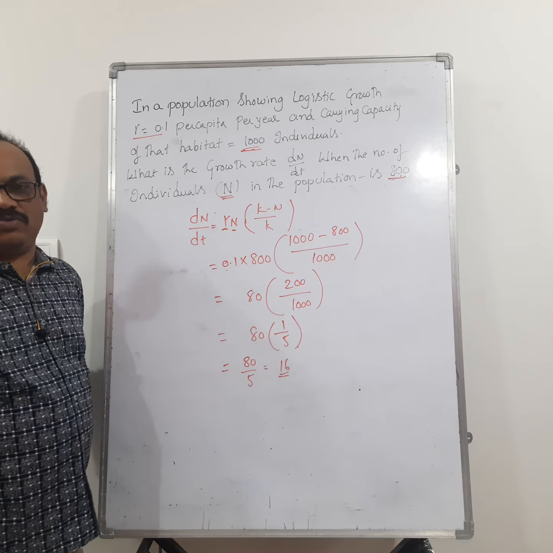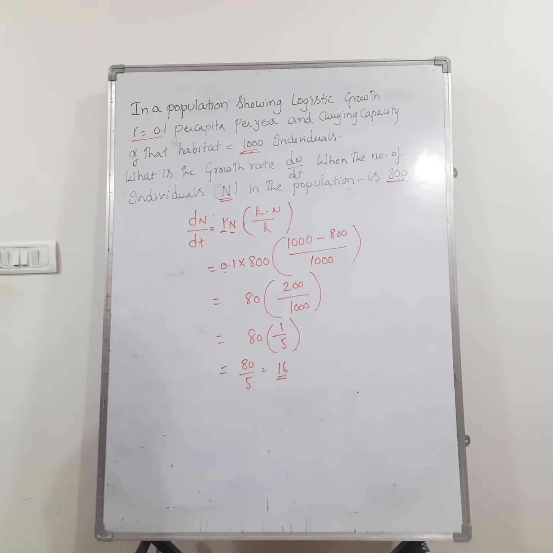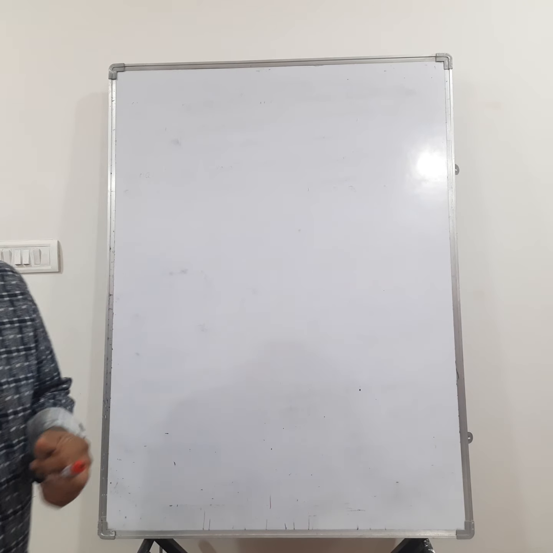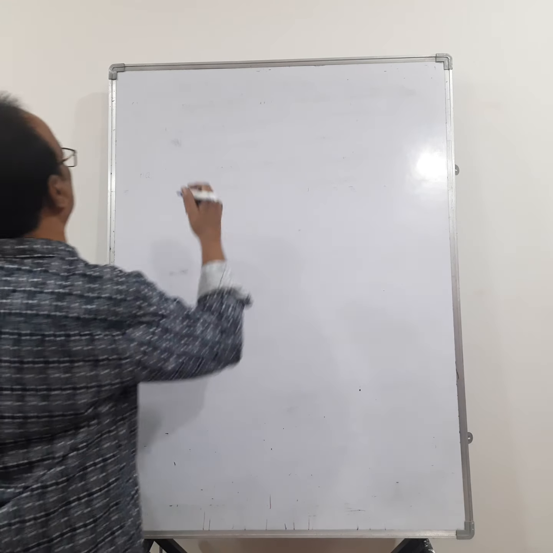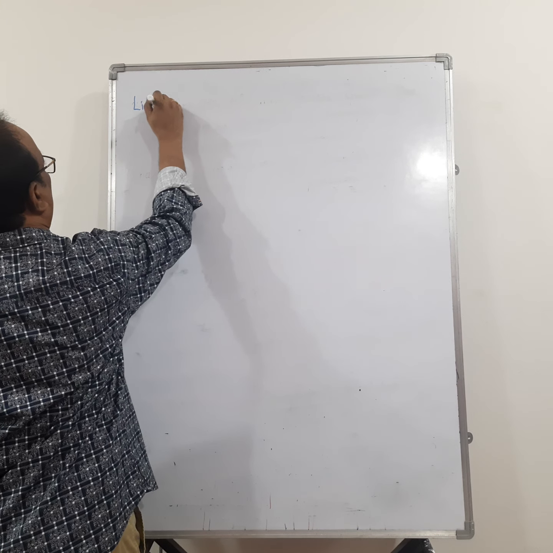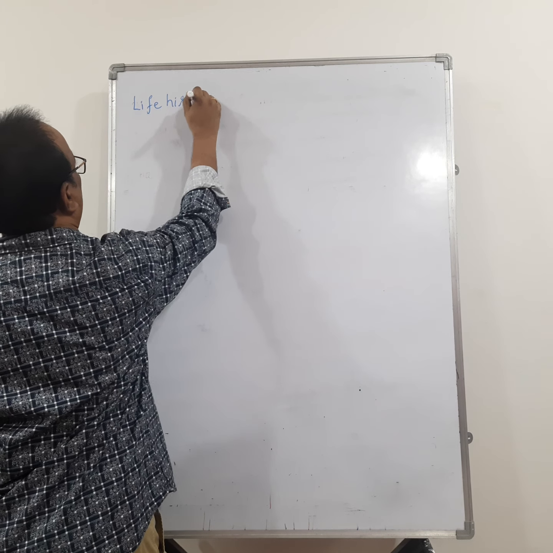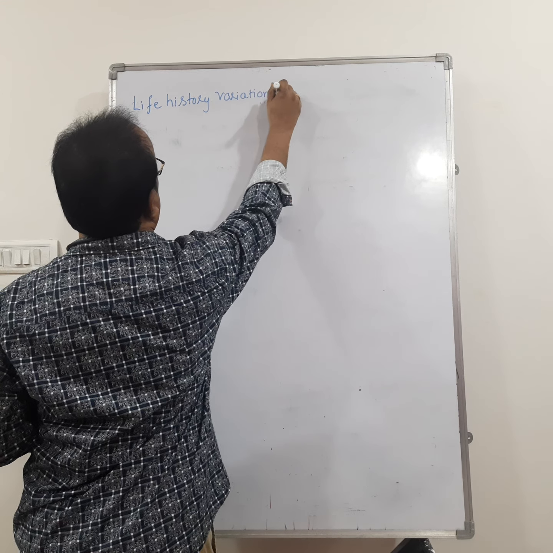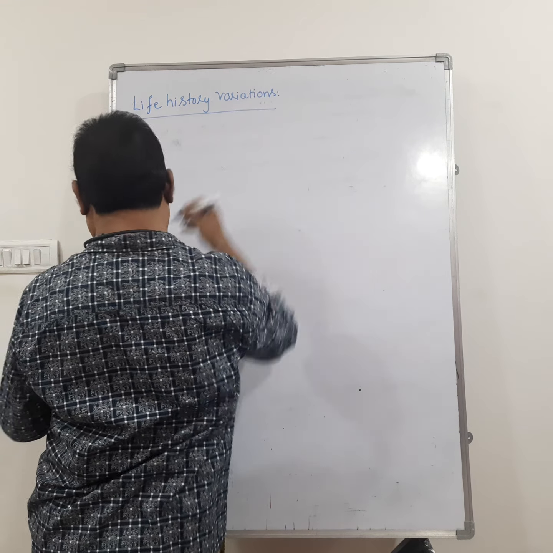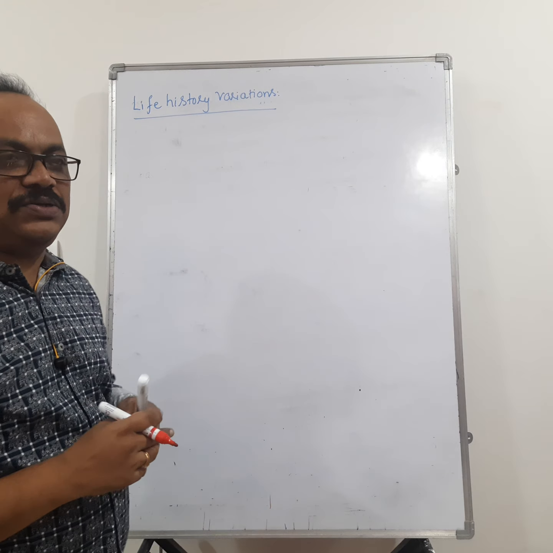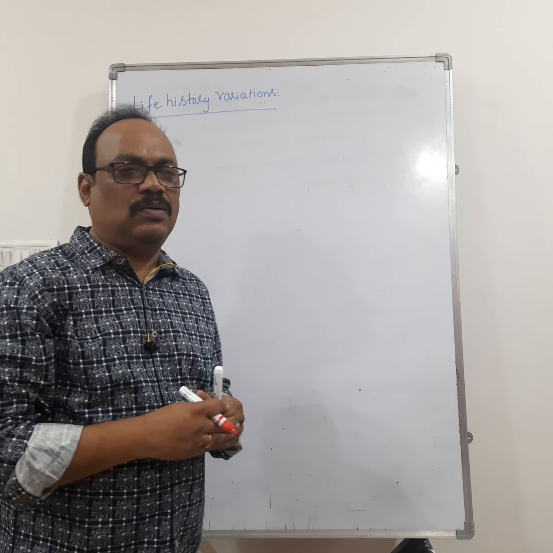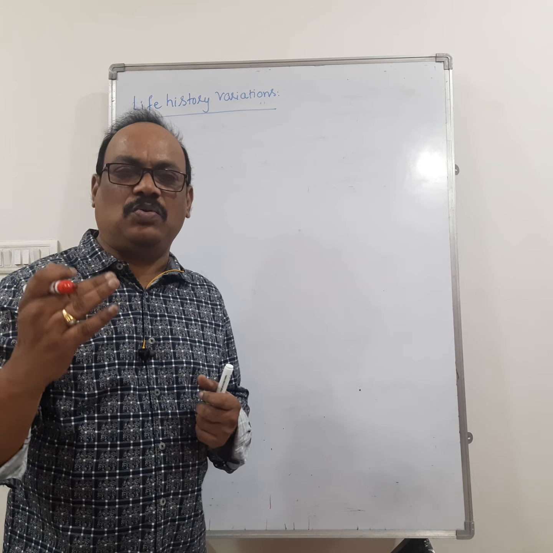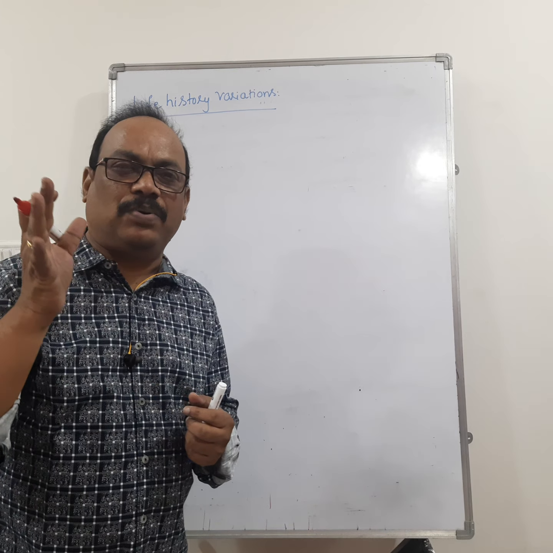Now we go for the life history variations. Generally we see populations living in a particular habitat tend to maximize their reproductive fitness.